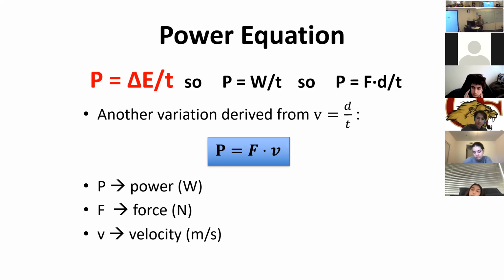So this is one I would suggest you put in your list of equations College Board doesn't give you that can be really helpful. You could figure this out without using P equals Fv, but if you remember P equals Fv, it can shortcut your time, all right? So very beneficial, highly recommend that you jot this one down.